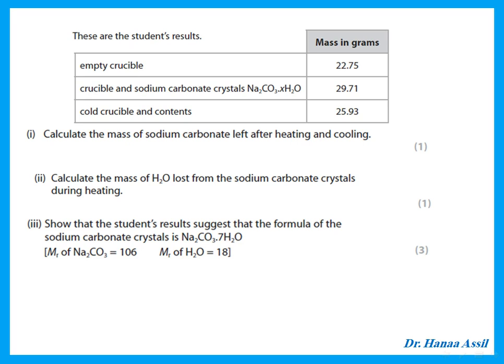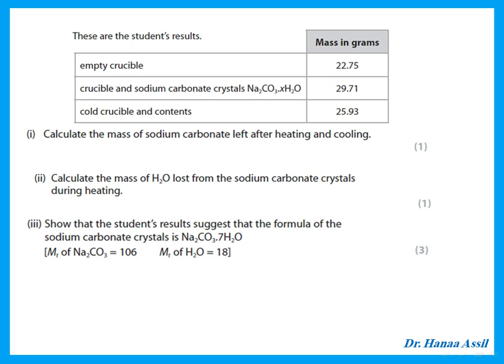So he gives me the results: the empty crucible alone, the crucible and the hydrated salt all together, that means the salt with its water, and the cold crucible and contents, that is the crucible after I have finished heating, that means it is the sodium carbonate without the water.